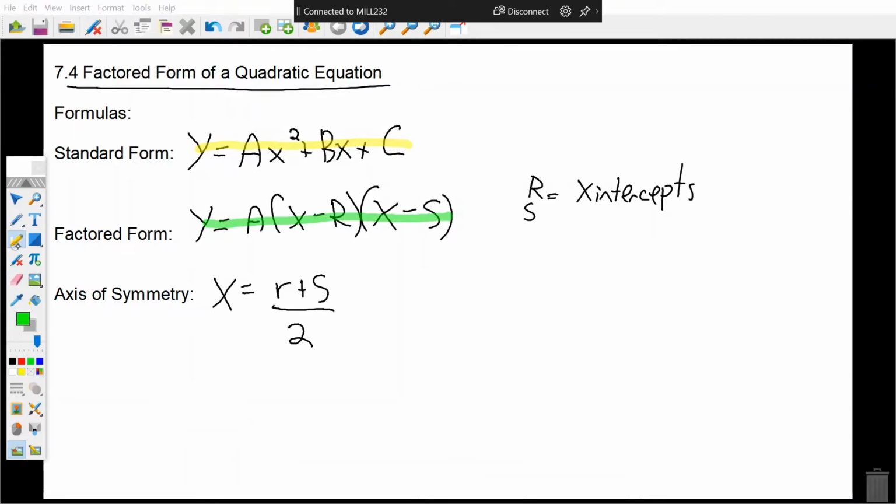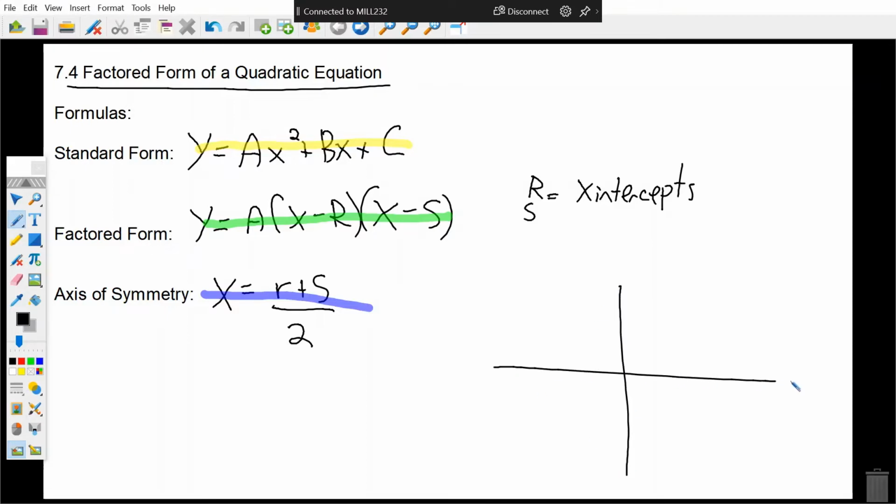As well as an equation for the axis of symmetry, which we used a little bit yesterday, but now you'll have it written down: x equals r plus s divided by 2. And remember, the r and the s are the intercepts.